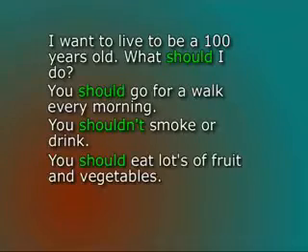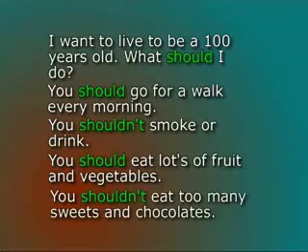He would say, you should eat lots of fruit and vegetables. And of course, he might say, you shouldn't eat too many sweets and chocolates. And that is how we use the words should and shouldn't to indicate what we should and should not do.